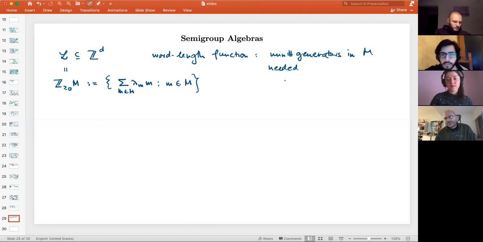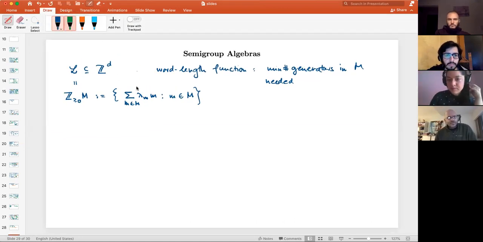And now I want to mimic what we did. The lambdas here, that's kind of important. These lambdas are non-negative integers.